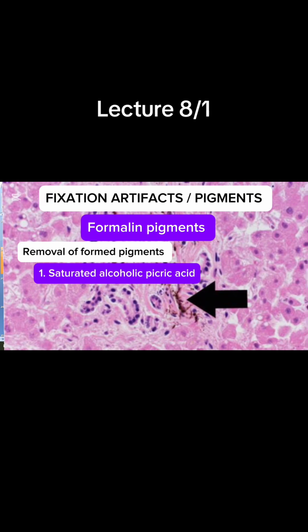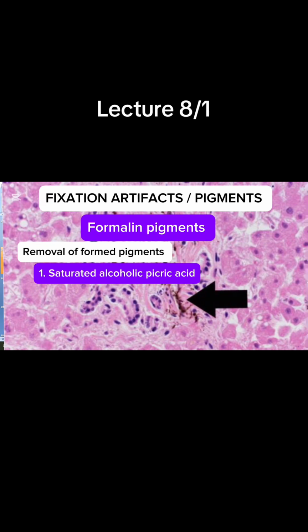One, solubilization by alcohol. Alcohol serves as a solvent to dissolve and extract organic components of the pigment from the tissue. Number two, interaction with picric acid. The picric acid acts as a weak organic acid, breaking down the chemical bonds in the formalin pigment. It reacts with the ferric ions in the pigment, forming soluble complexes that can be washed away.